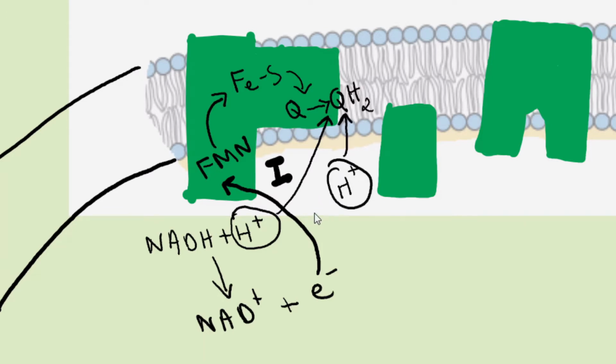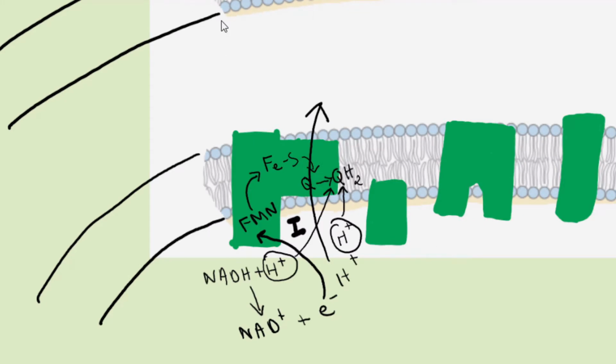At the same time, proton ions will be pumped out into the intermembrane space. Again, complex 1, which is referred to as NADH-Q oxidoreductase, where NADH is oxidized and loses electrons, while Q is reduced and hence gains electrons.